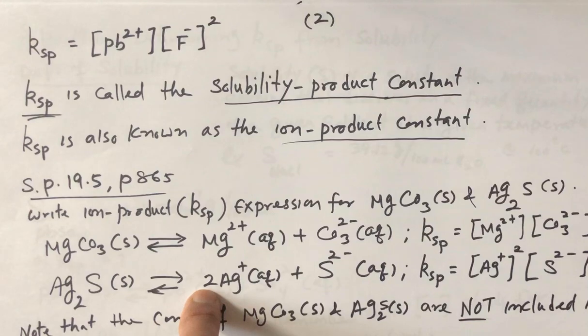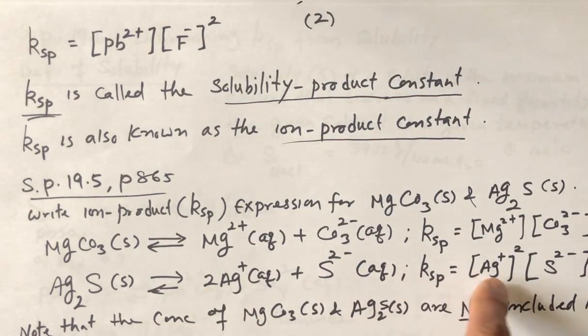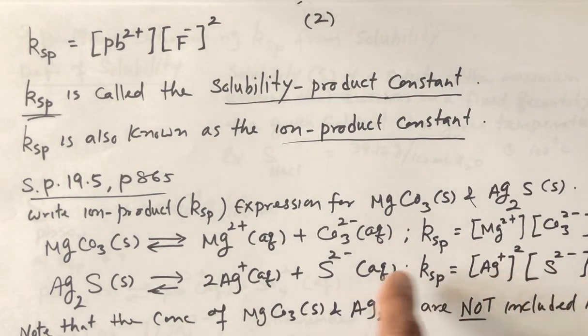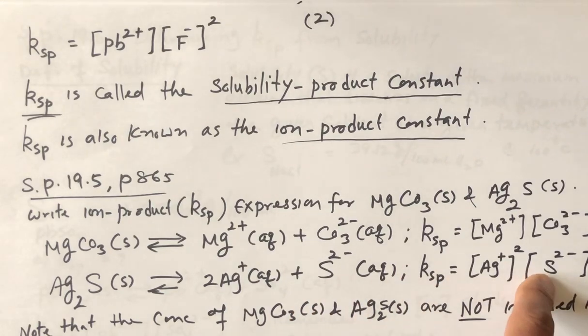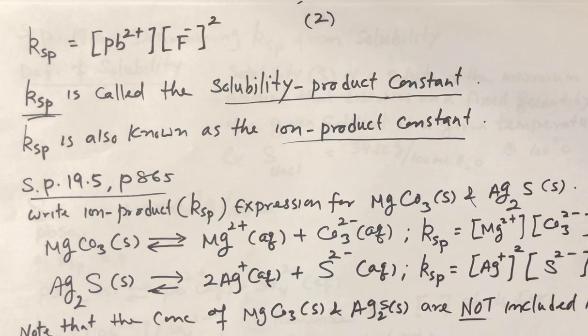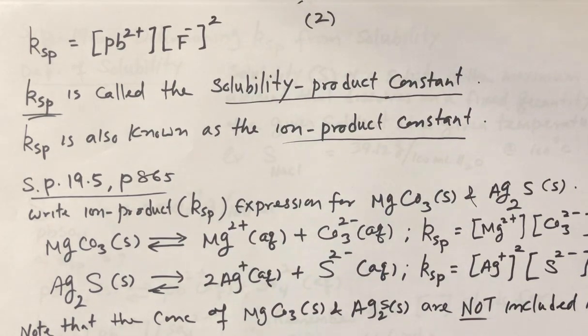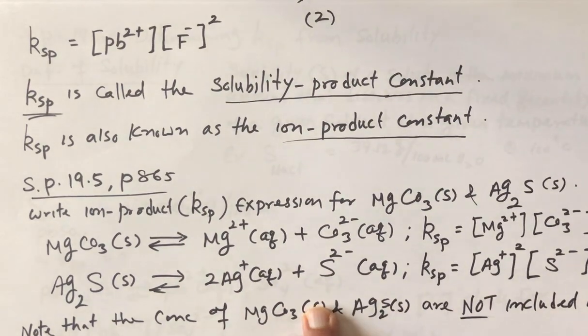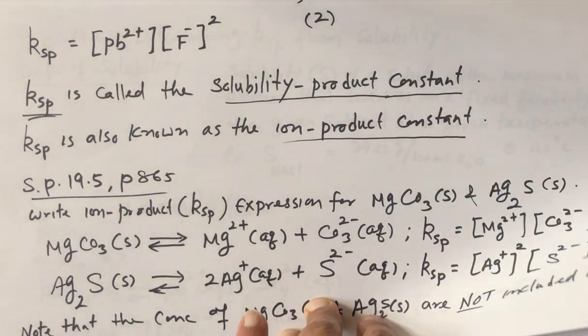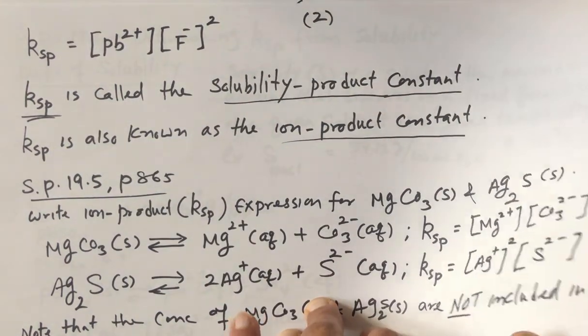Always remember to include the coefficient in the expression of KSP. The concentrations of MgCO3 and Ag2S are not included in that expression, as you can see.